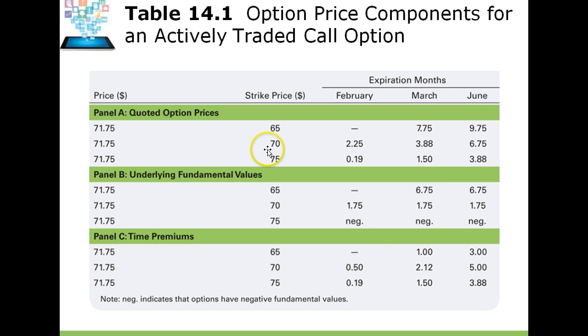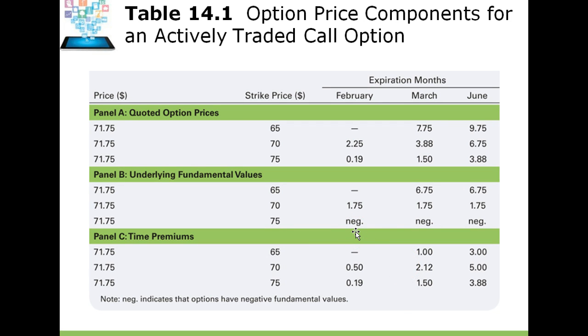Now, if the strike price increases, we're going to get a smaller fundamental value. As you can see, there's only a $1.75 difference in the fundamental value, but the time value is a little bit larger, and that's not so uncommon.